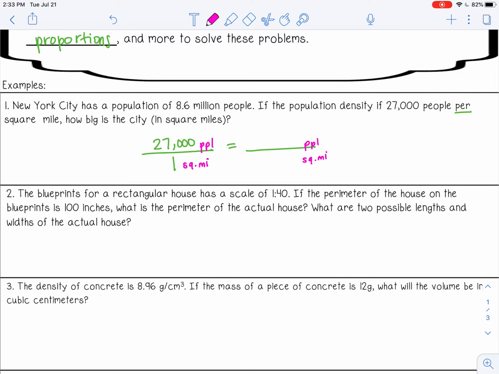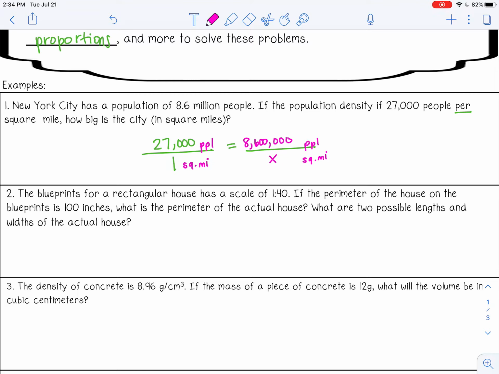All right, so New York City has a population of 8.6 million people. And I'm going to write that out. Instead of putting 8.6, I'm going to write out the whole number. And we want to know how big is the total city. So we don't know that. That's our x.